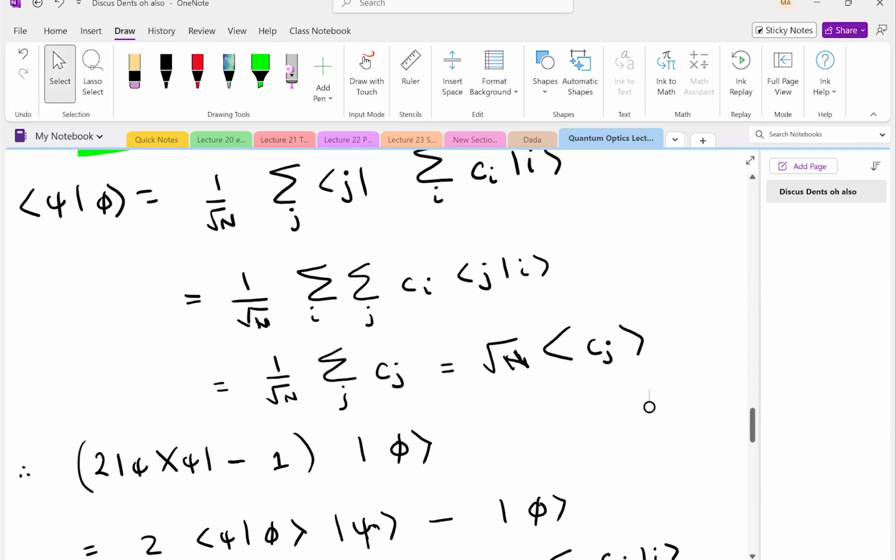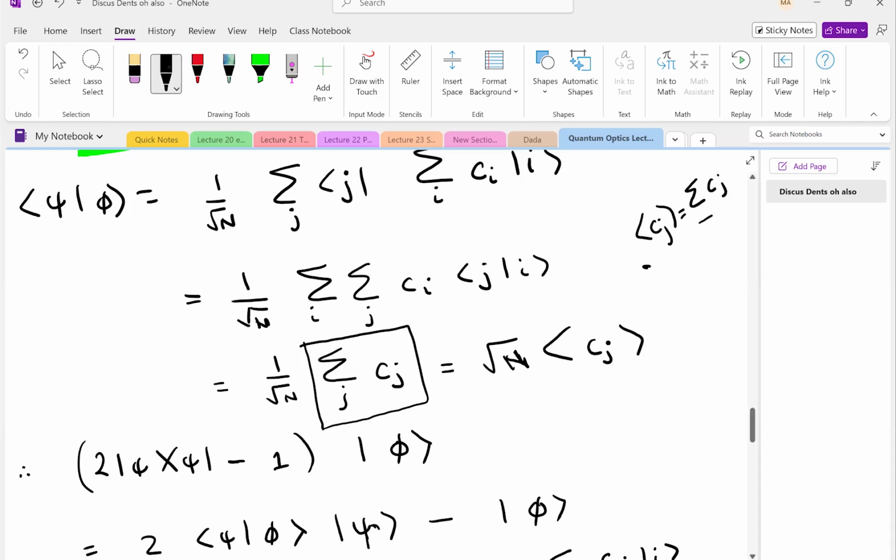So I can suppress the i variable. This thing here is the sum of all the probability amplitudes. If I take the average of all the probability amplitudes, this is the sum of all the probability amplitudes divided by their number. So using this expression, this probability amplitude here becomes this.